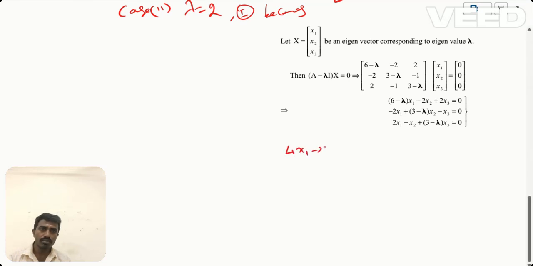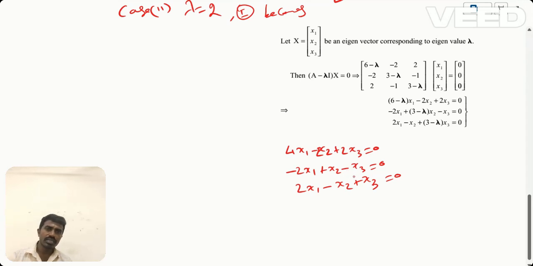So 4x1 minus x2 plus 2x3 equal to 0. Similarly, if you put lambda equal to 2, then minus 2x1 plus x2 minus x3 equal to 0. Then 2x1 minus x2 plus, 3 minus 2, 1, so x3 equal to 0.